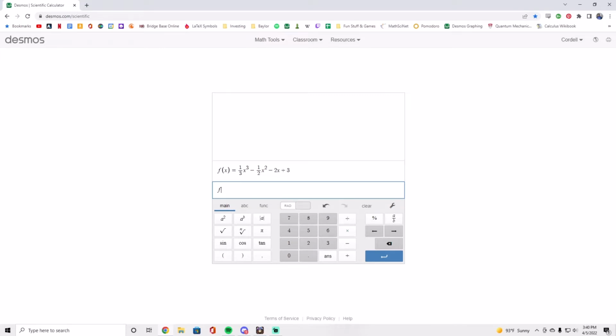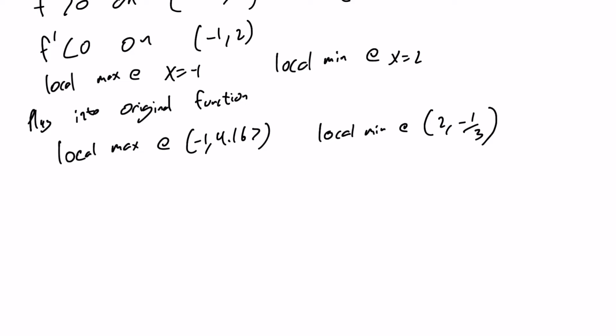And we want to find f of minus 1 and f of 2. Okay, so that's 25 over 6, 4.16, and minus 1/3. So let me write that down. We have a local max at minus 1, comma 4.167, and a local min at the point 2, minus a third. Okay, so these will become helpful. We're going to plot these points.